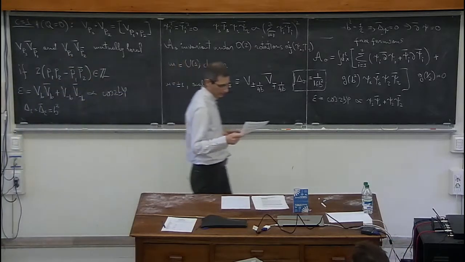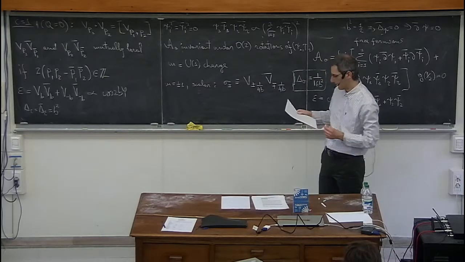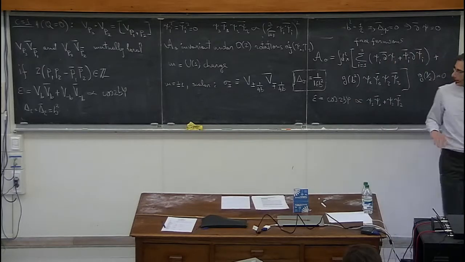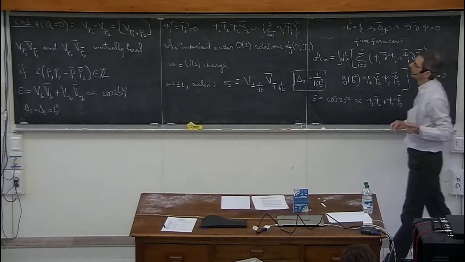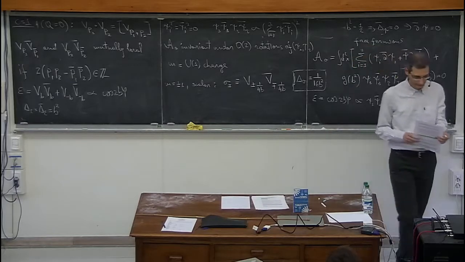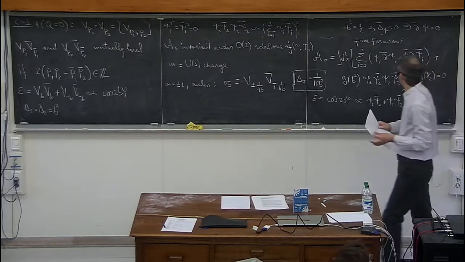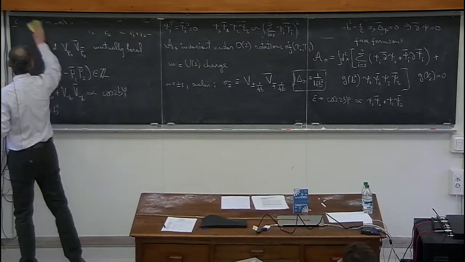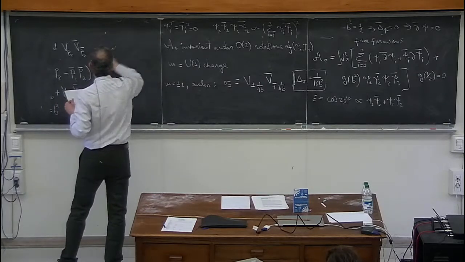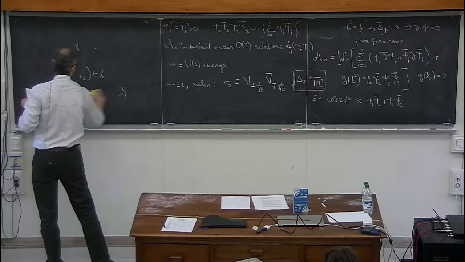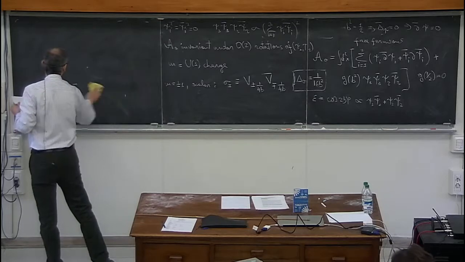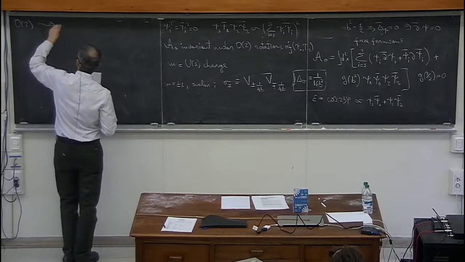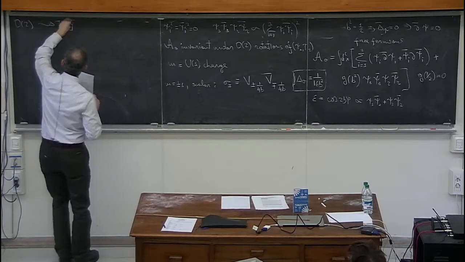As a last remark about this, let me add that, of course, once we find this O2 symmetry, what we have in mind is that this is going to describe the universality class of the XY model. So we have O2. This leads us to the XY universality class.